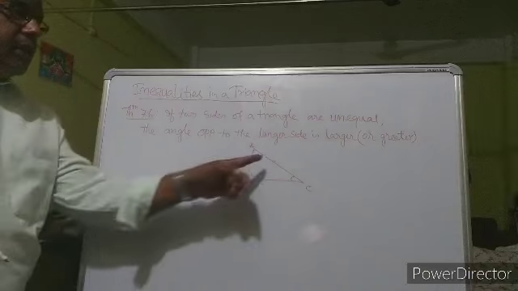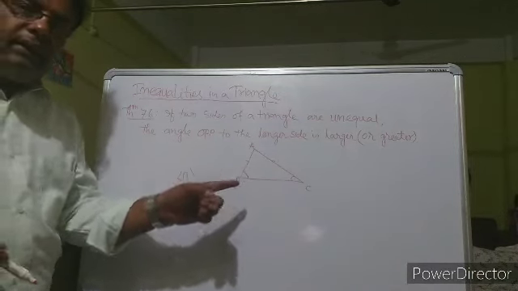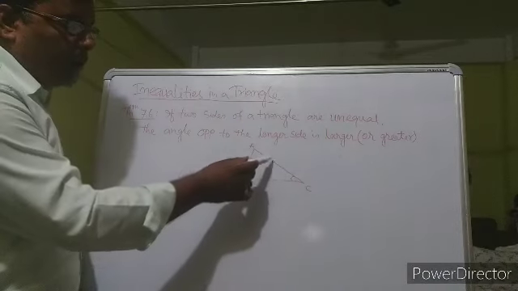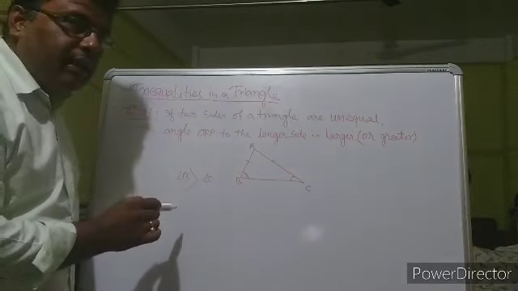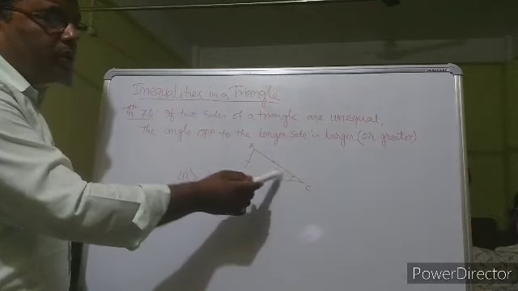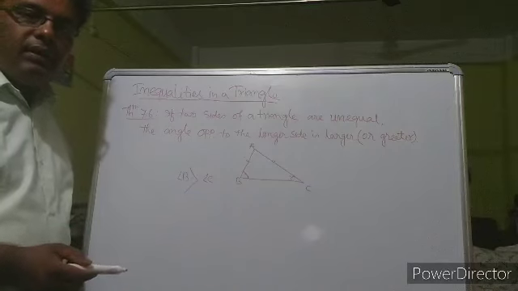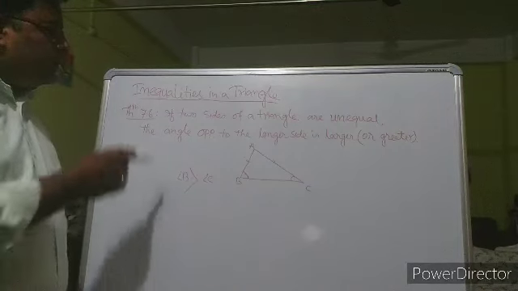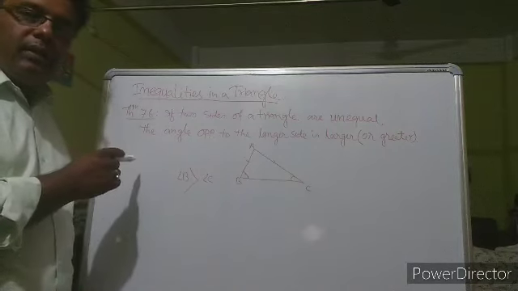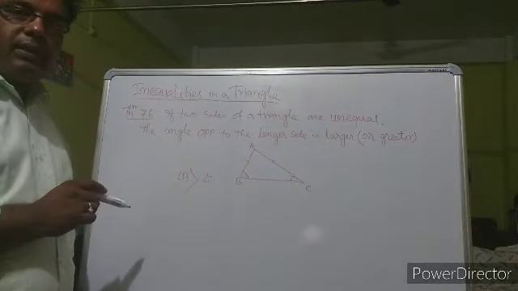That is, if two unequal sides are here, then the angle opposite to the longer side is larger than the angle opposite to the shorter side. This is the theorem. Now 7.7 is directly opposite to this 7.6.